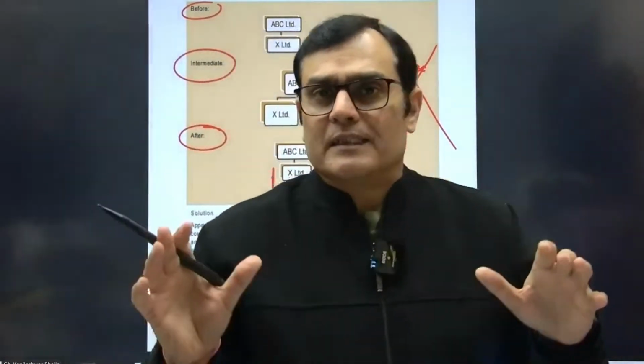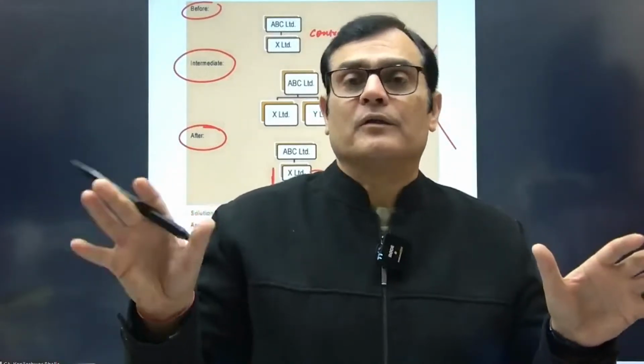I will not get into the details of why companies would prefer a common control merger, a book value accounting. I think then I'll spend another 1 hour explaining the advantages of merger accounting.